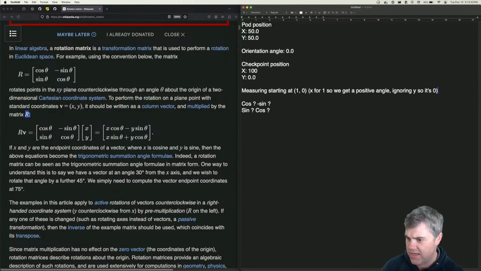So through an angle, so do I know what that is then? Theta is the angle you're rotating by. Okay, so we don't know what this is. So this is our unknown that we're trying to calculate for.